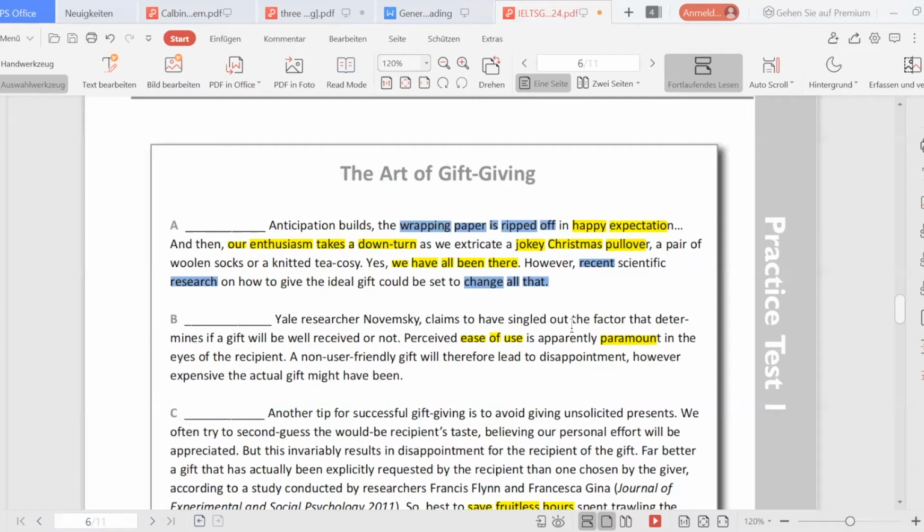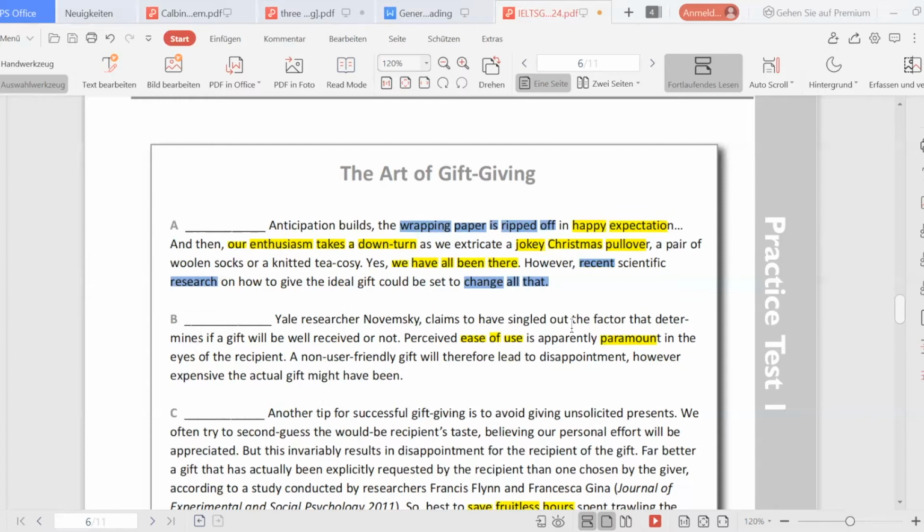So that is a way to narrow down on the correct heading of a paragraph. Always look for at least two sentences that talk about the same thing. If you have one sentence that talks about a different idea, that sentence is not likely to be the basis of your answer in choosing a particular heading, okay? Because the heading means that most of the paragraph is dedicated to that particular topic, all right?